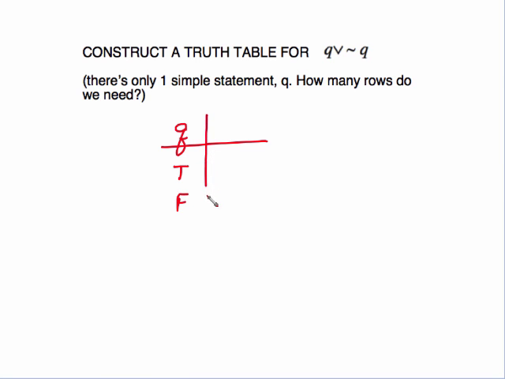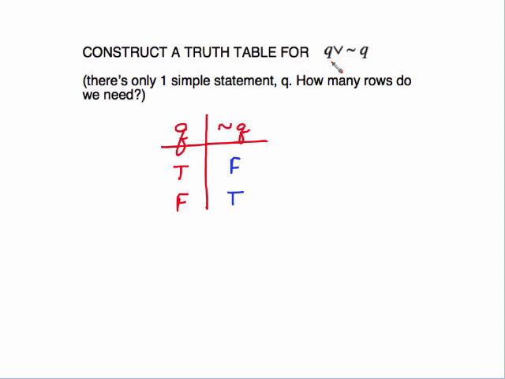The only thing I then need to do is fill in what it will be for not Q. If the original statement was true and I negate that, we know it becomes false. If the original statement was false and I negate that, it becomes true. Now, I'm not finished with this whole thing.